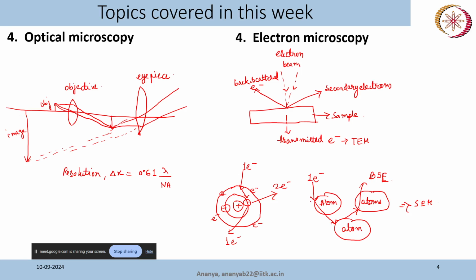Backscattered electrons usually give information about the deeper part of your sample, because they travel inside more, whereas secondary electrons give more surface information. If you want to know the morphology of your substrate, then you typically use secondary imaging, which is done by secondary electrons.